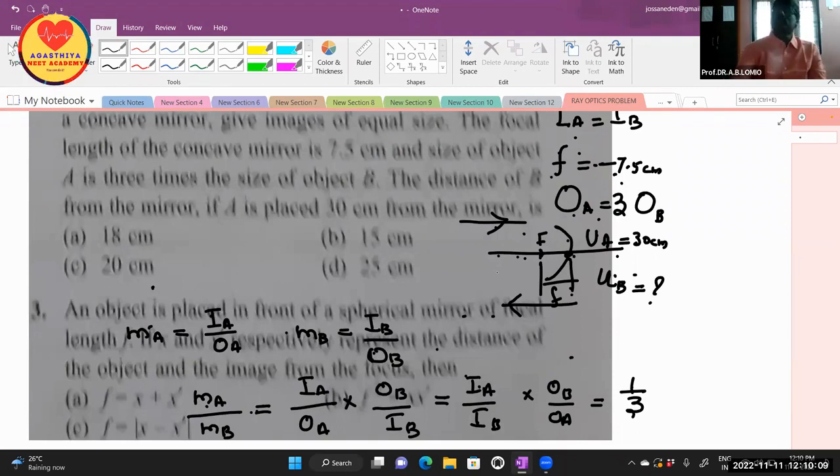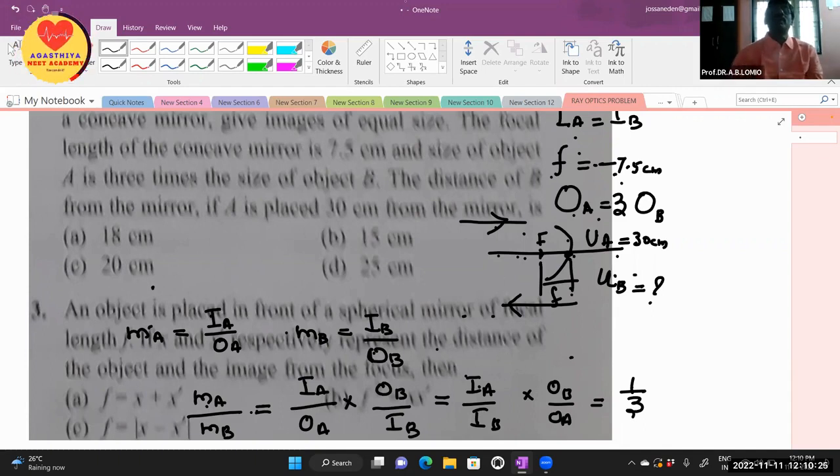Usually, to find out the U or to find out the V, we need at least two quantities, either U or F. In this problem, they have given only the F value.